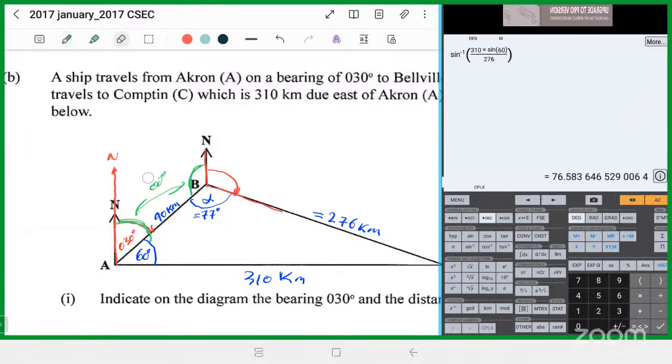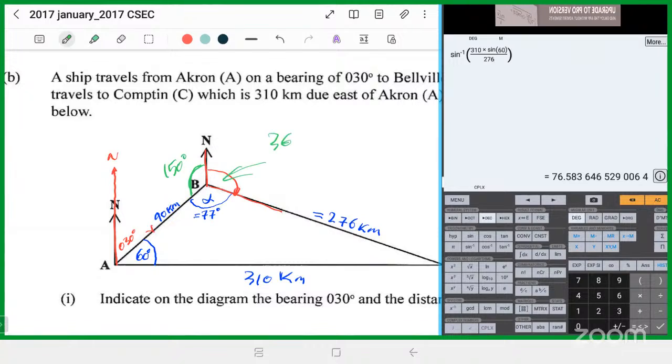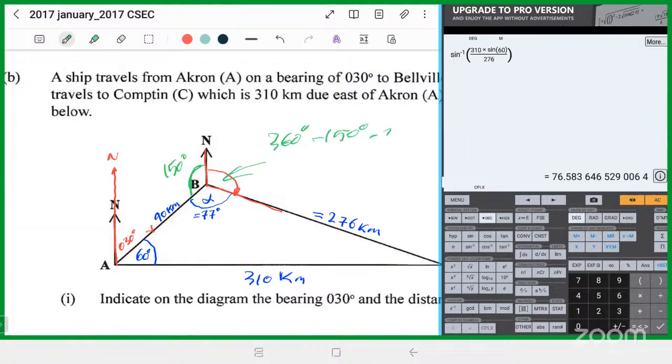So since down here is 30, up here is 150. And then this angle that you really want becomes 360 minus the 150 and also minus the 77, because the total angle around this point B is 360.